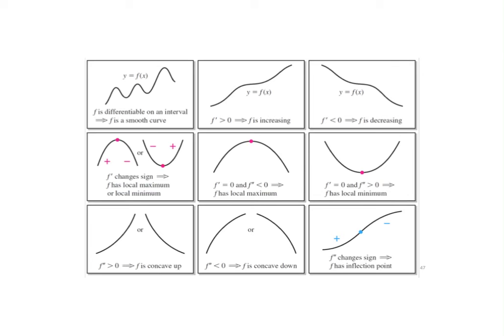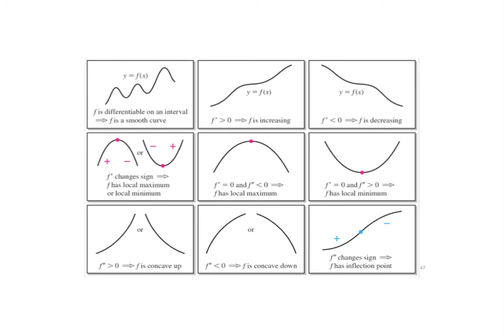And just to summarize some of the points we've been talking about, f is differentiable on an interval. That's the formal way of saying that f is smooth. When we talk about smooth, we talk about differentiable. No points, no skips, nothing like that.